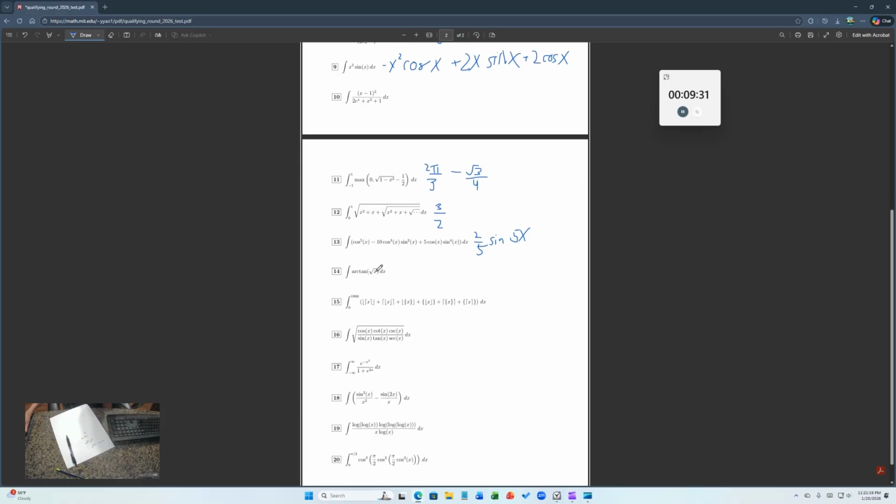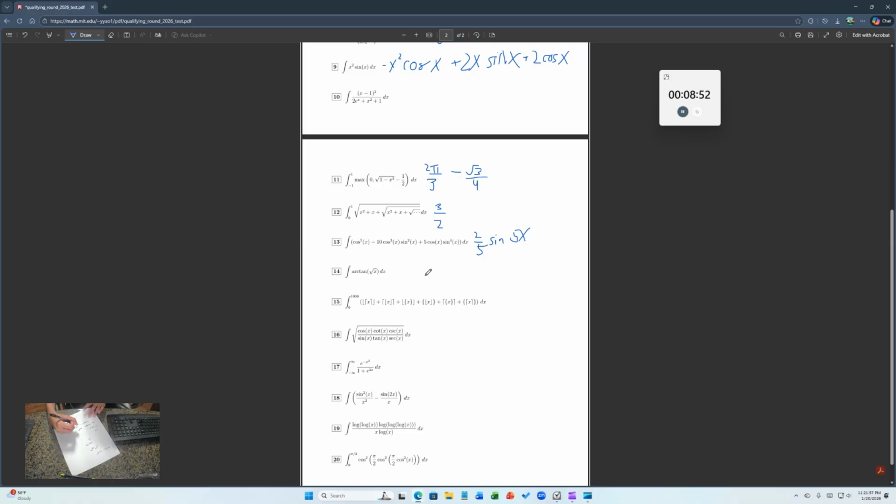Alright, now we have this one here. This should be pretty standard. You just let x equals t squared, then it becomes arctan t times 2t. Now it's just an integration by parts. u equals arctan t, v equals t squared. Then it becomes t squared arctan t minus the integral of t squared over t squared plus 1. Yeah.